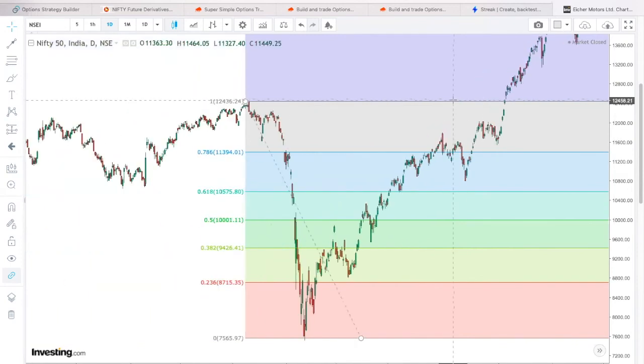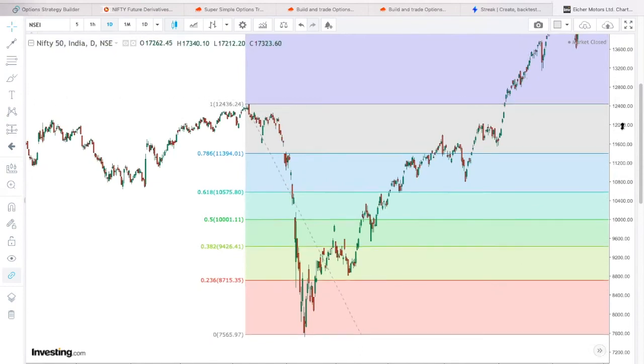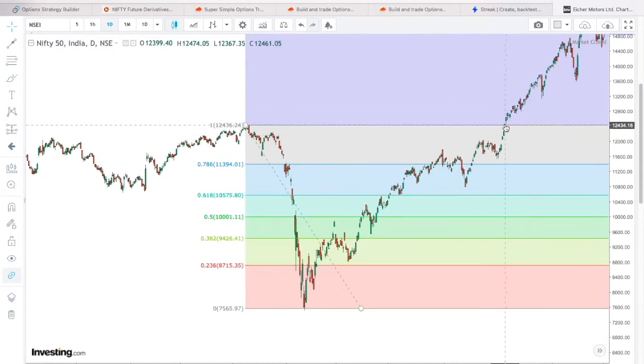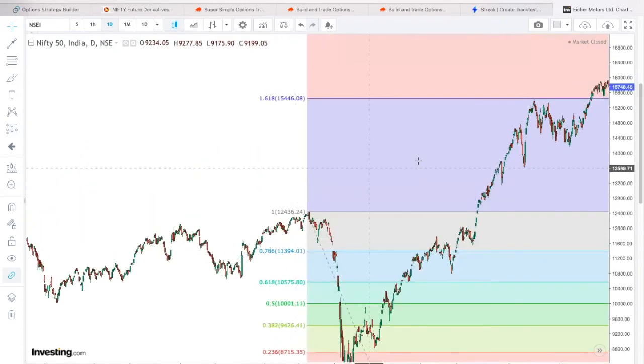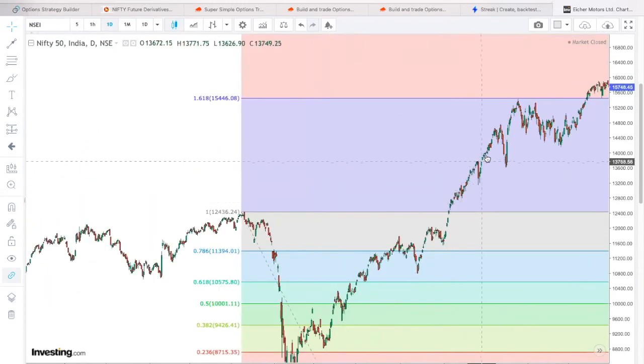What is the meaning of lifetime breakout? Breaking all the mountain peaks of its life, and it is seeing a new number in its life. See, Nifty saw a new number in its life in the month of November, golden months. So for the Indian stock market, a big move happened in November, and it started moving up.